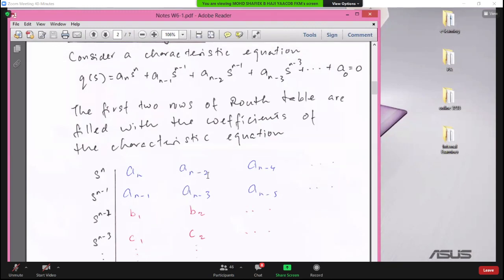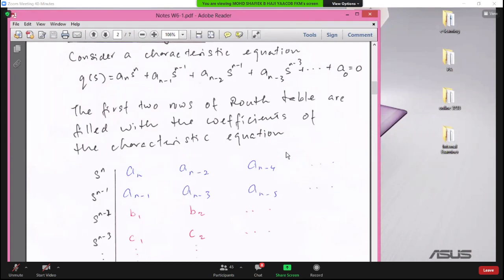The first two rows, the blue coefficients here: you fill in the first row using the coefficients of the polynomial an, and then you jump one coefficient, an minus 2, an minus 4, and the second row is filled in again with the coefficients of the polynomial. You start with an minus 1, and then you jump one, n minus 3, n minus 5, and so on.